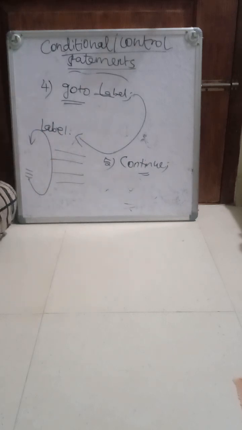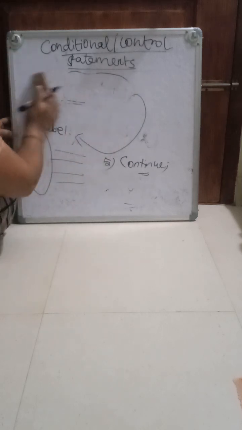So these are all the things we are going to see under conditional or control statements, right? Today I am not going to discuss any programs; I have just given an introduction to conditional or control statements.